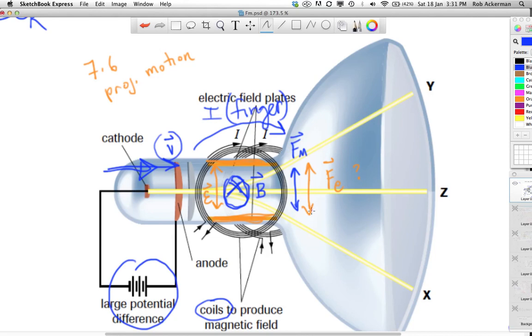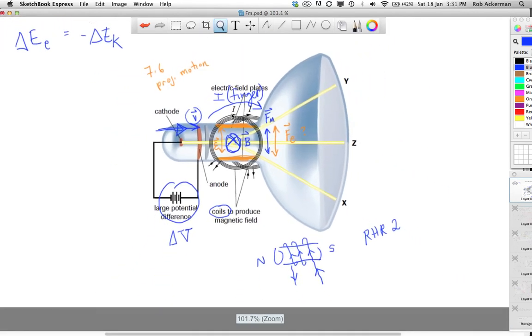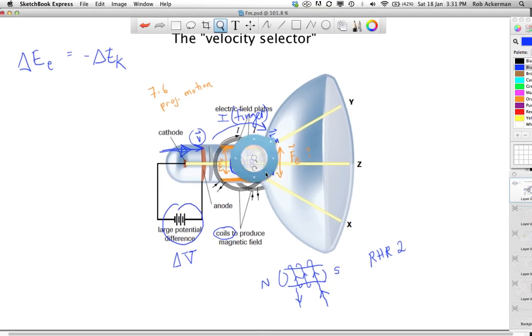So here's what we do in this device called a velocity selector. We take the ions and we fire them through this combined coil and parallel plate apparatus. And we set up everything so that the magnetic force is pointing one way on our charged particle, and the electric force is pointing the other way.